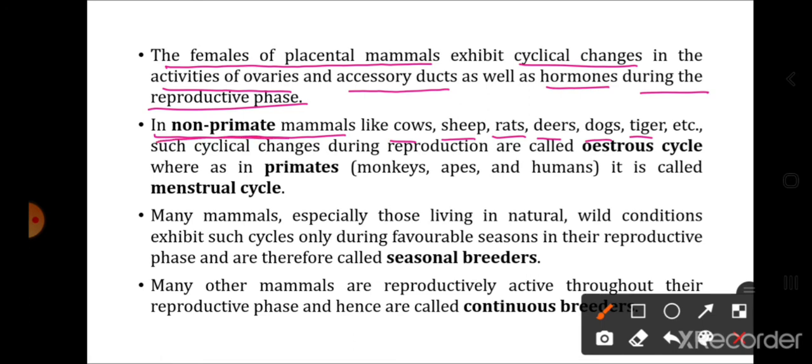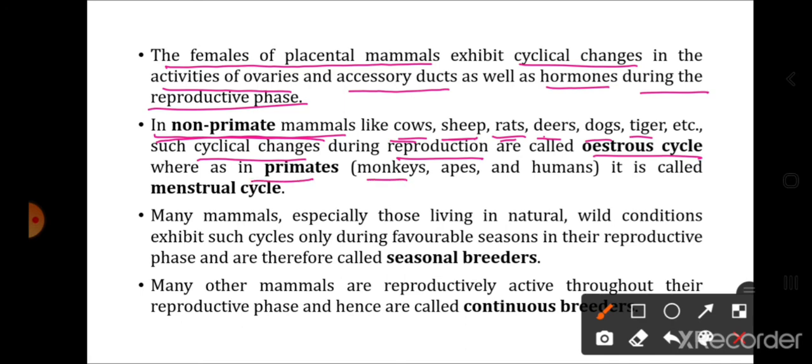So, in non-primate animals like cow, sheep, rat, deer, dog, tiger, etc., such cyclical changes during reproduction are called estrous cycle.